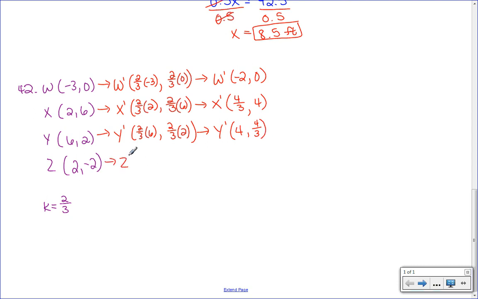And Z: this is 2/3 times 2, and 2/3 times -2. So 2/3 times 2 is 4/3, and 2/3 times -2 is -4/3.